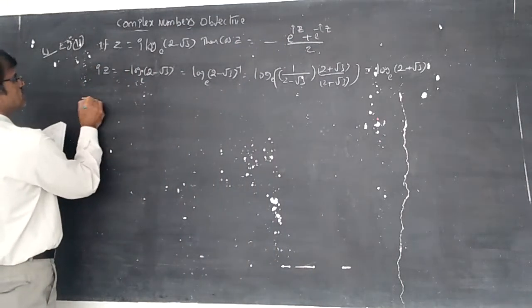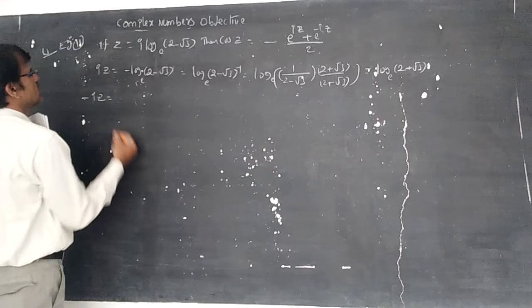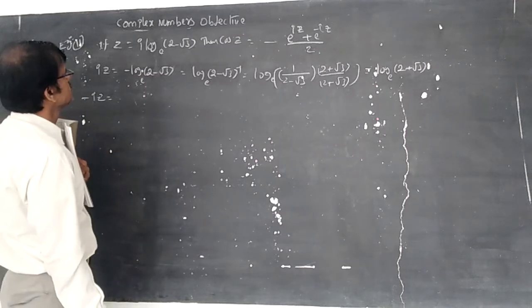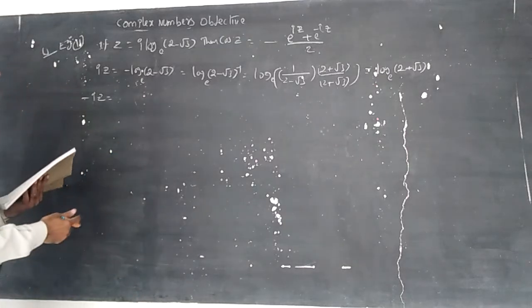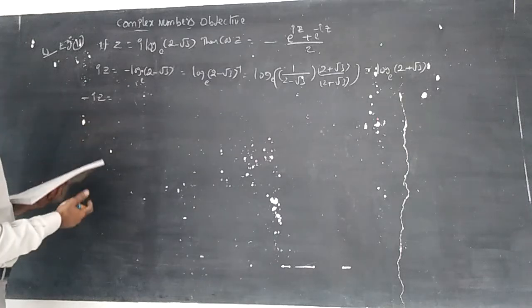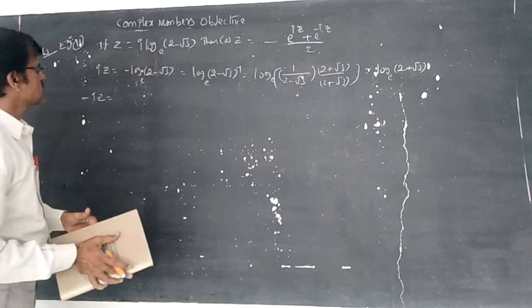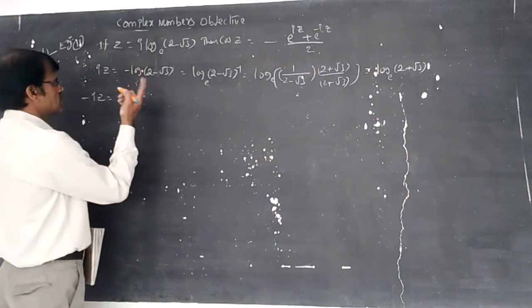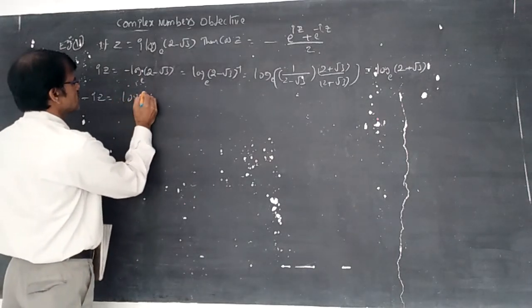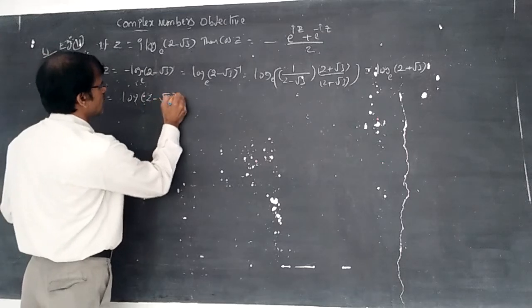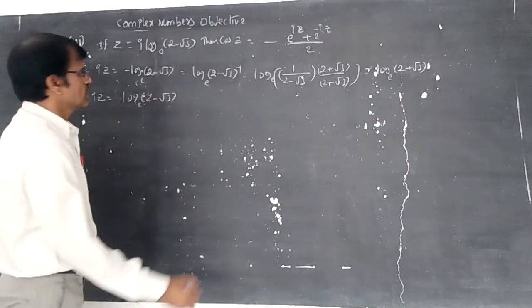Now minus i z becomes minus i into i, which becomes minus i square, so it is simply plus. So this is directly log of 2 minus root 3, no need to convert.